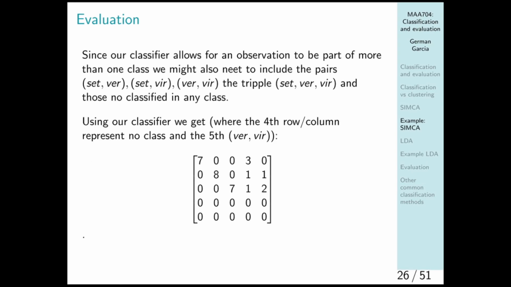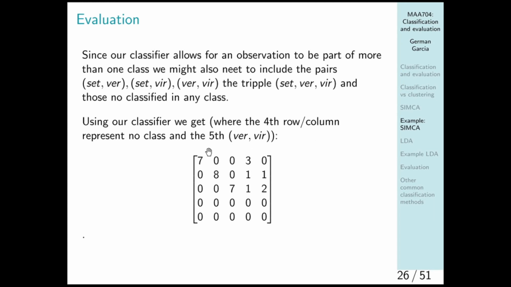In this case, if we include the pairs in the columns, this is the first one, second pair, third pair, this triple, and here those not classified into any class as the results.